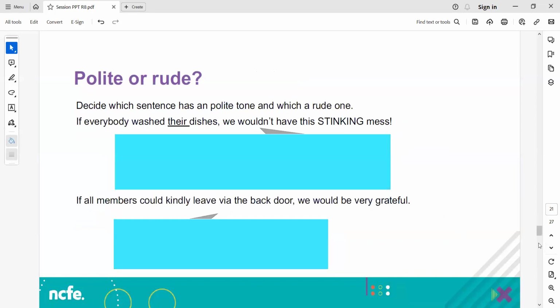So just have a look at these sentences and think about whether they are optimistic or pessimistic. Have a look at them yourself for a moment. Okay, so if everybody washed their dishes, we wouldn't have this stinking mess.